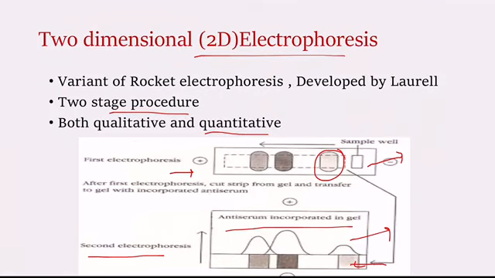Now the second electric potential is applied. It is perpendicular to the first direction of migration. A second electric field is applied at right angles to the first direction of the migration.